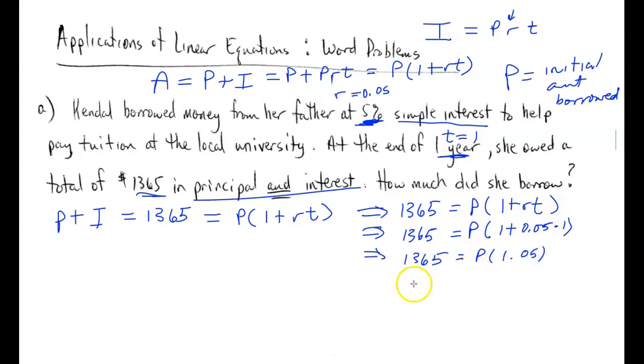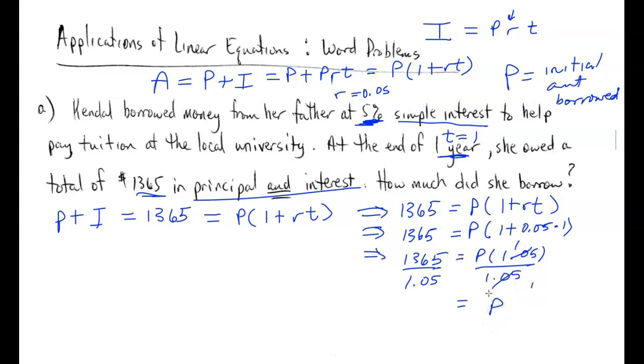And so now we just need to solve for P. We will just need to divide both sides by 1.05 to be able to do that. Okay, so I'll just go ahead and do that here. So just divide both sides by 1.05. And that reduces to 1.